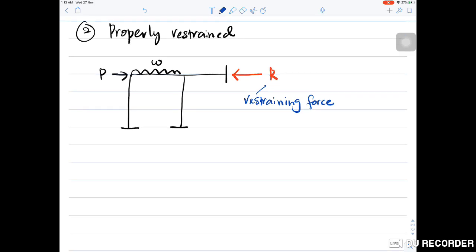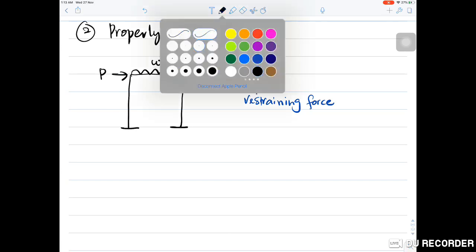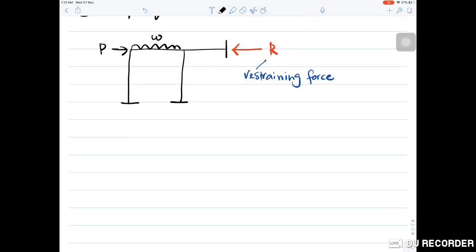Let's look at another example. If this is the frame, but this time I changed the fixed support from just now to pin. Due to the pin support, is there a horizontal reaction?